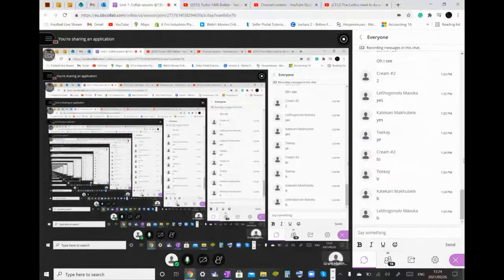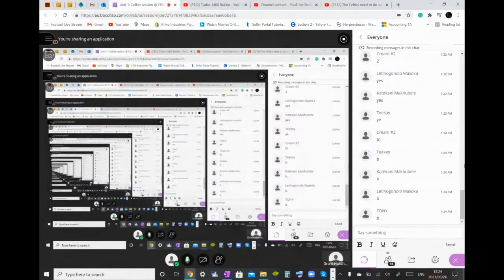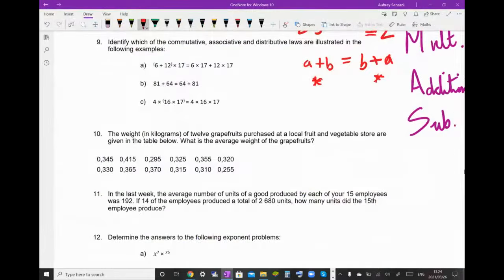B, B, B, B, B. And I 100% agree with you. It certainly is B. It is this one right here. So I'm just going to put C by it, for commutative.